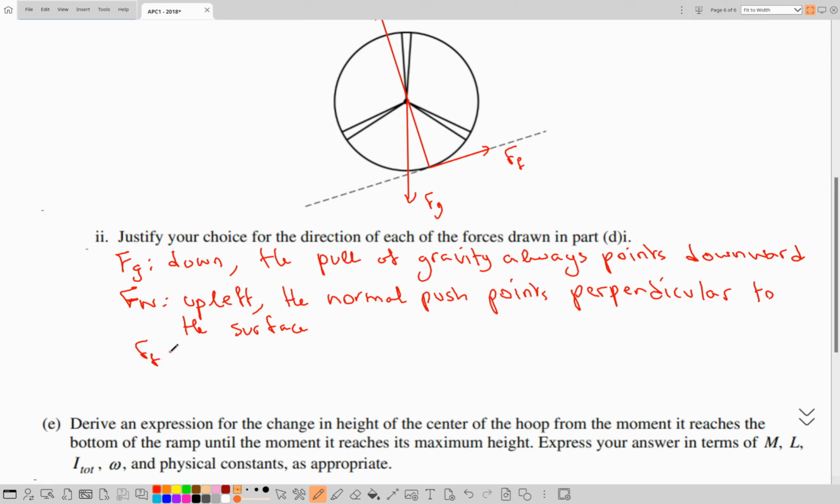and finally we have friction. In this case friction is up right, and what's the reason?